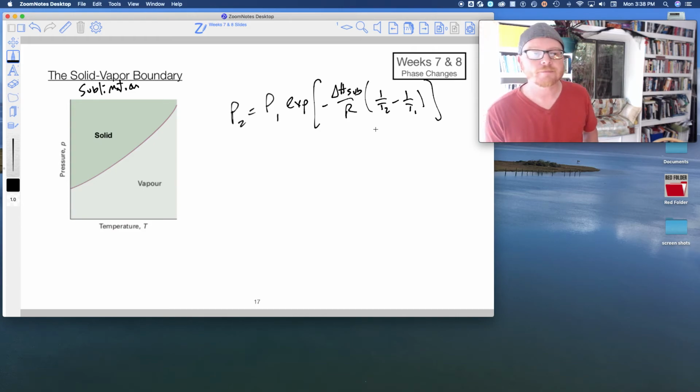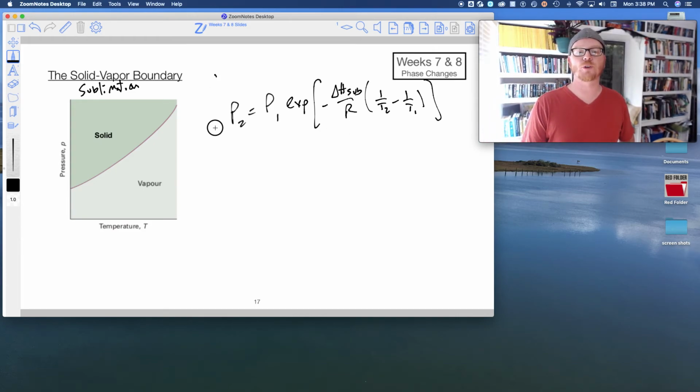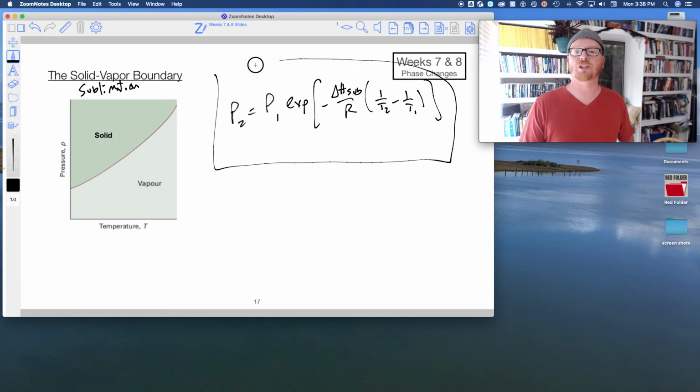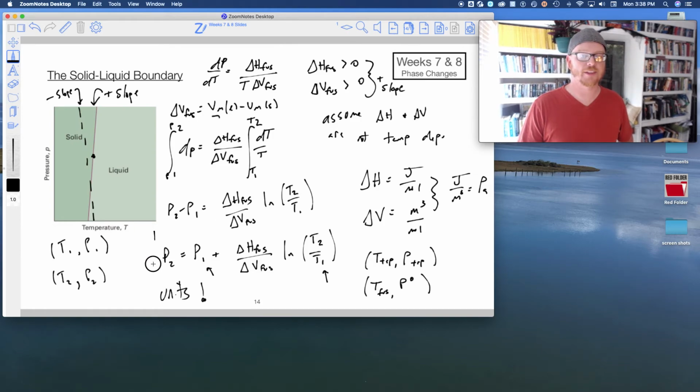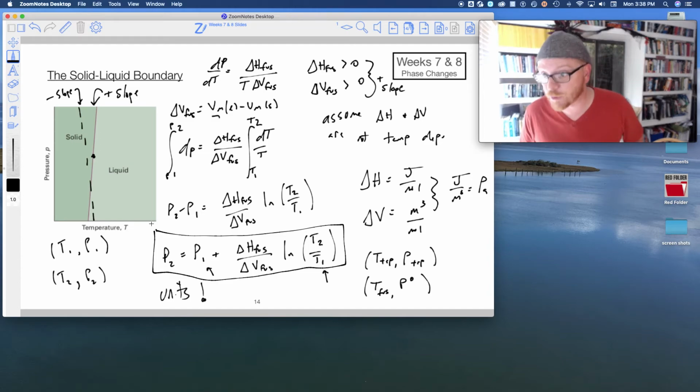Okay, and using all three of those equations, this equation right here, this equation right here, and this equation right here, we can reproduce a phase diagram, right?